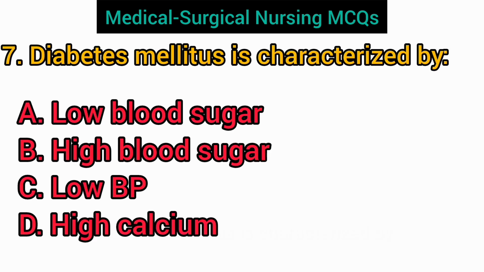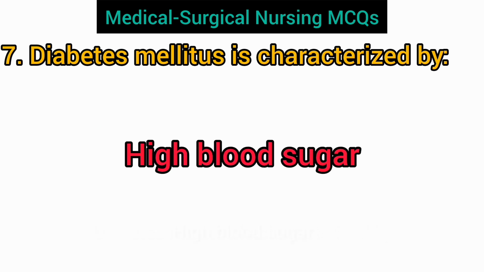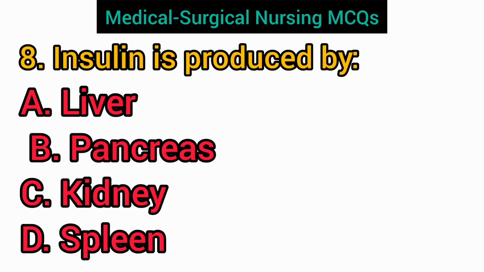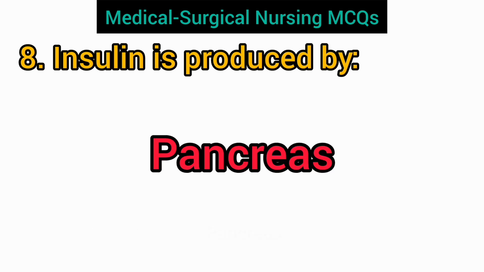Diabetes mellitus is characterized by high blood sugar. Insulin is produced by pancreas.